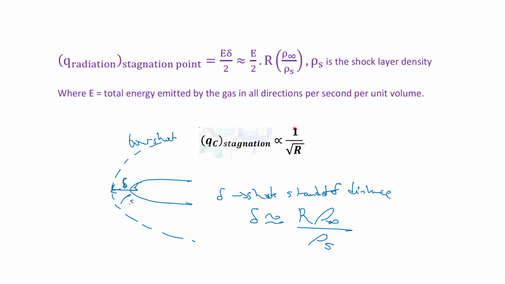Rho s is the density here and rho infinity is the density here, where E is the total energy emitted by gas in all directions per second per unit volume. And this E is equal to 4 pi J, where J is the energy emitted per second per unit volume.